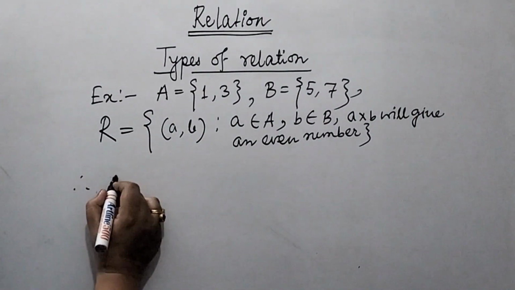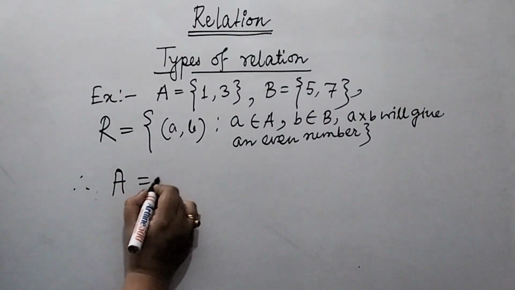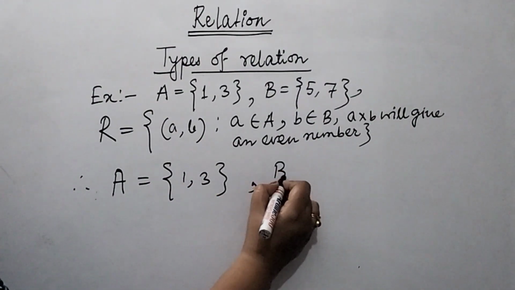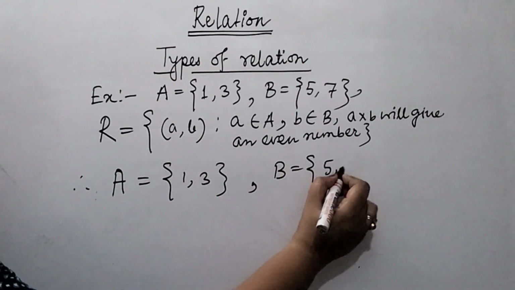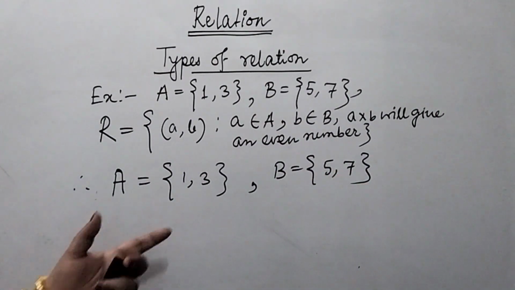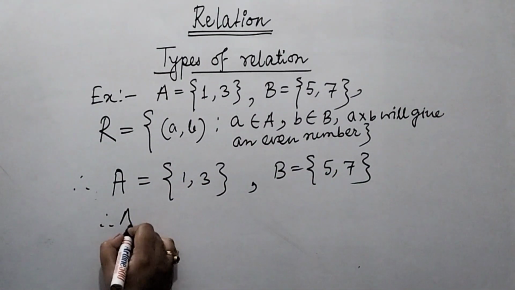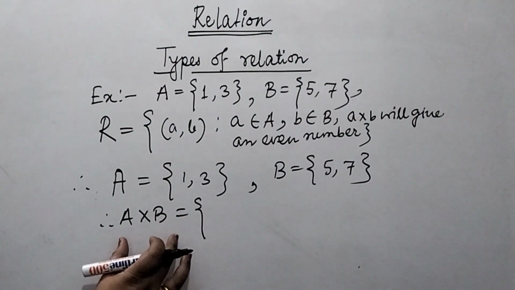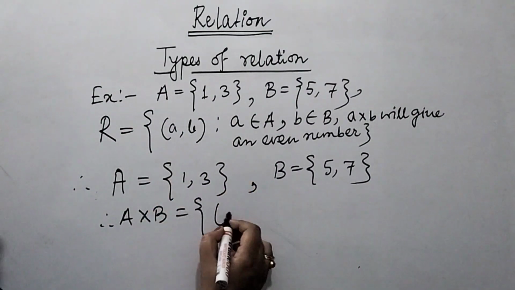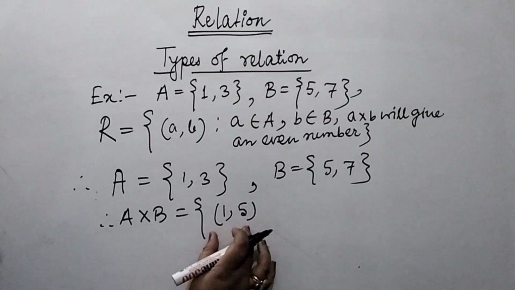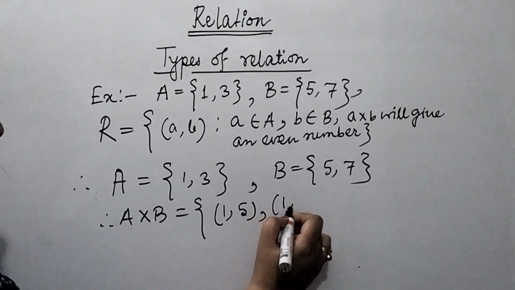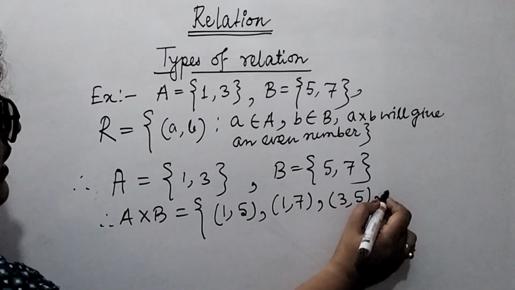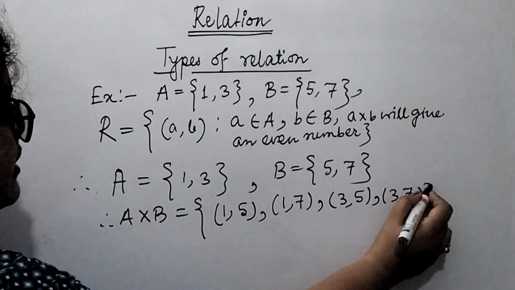So here we get A containing 1 and 3, and B containing 5 and 7. So what are the elements of A cross B? That is the Cartesian product of the sets A and B. The elements are of the form (1, 5), ordered pairs obviously we know, (1, 7), (3, 5), (3, 7), right?